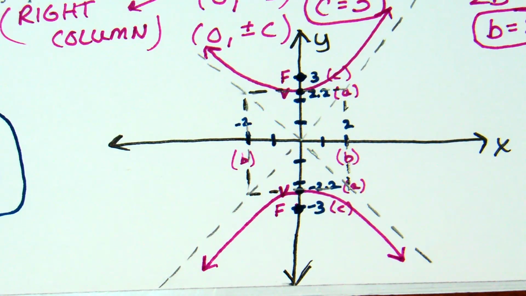Yes, Jacob. So do we figure out the asymptotes without even using the equation, we just do the box? That's what I like to do when I'm drawing it. The idea is, yes, we could have figured out our asymptotes here. It would have been plus or minus A over B, so square root of 5 over 2 times x. You would have had to draw a line with slope of square root of 5 over 2.